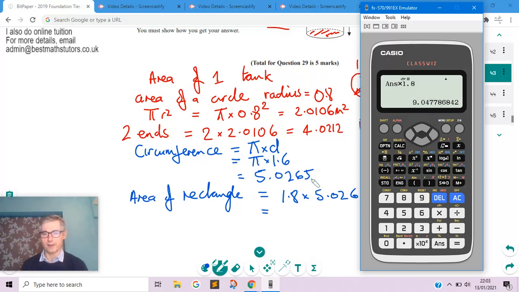So even though I've written the answers to 4 decimal places, actually I'm just using the figures on the calculator, and so I've not done any rounding yet. But to 4 decimal places, that would be 9.047, and I'd have to write that as an 8 because the next number is an 8, so it's bigger than 5 or 5 or more. So that means I add 1 onto that. So 9.0478.